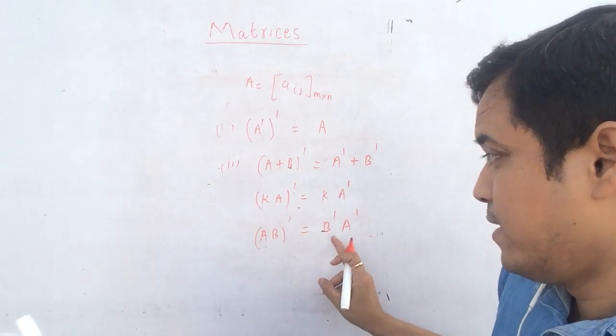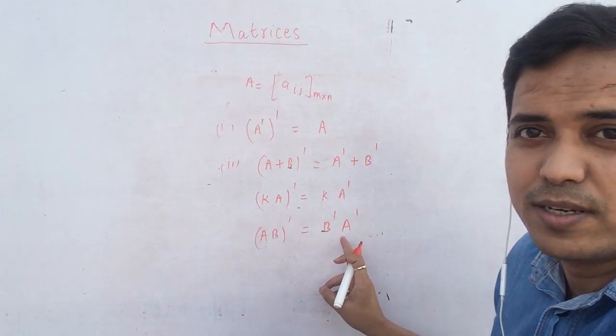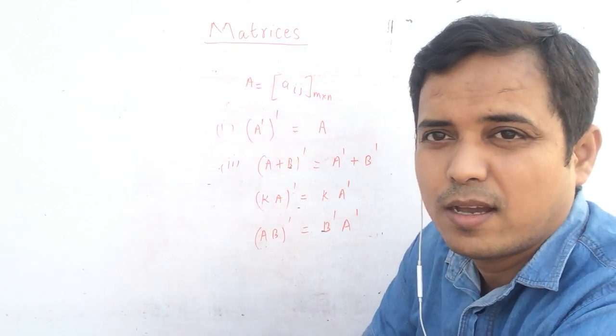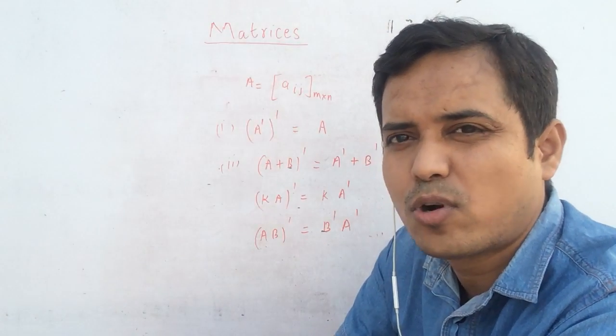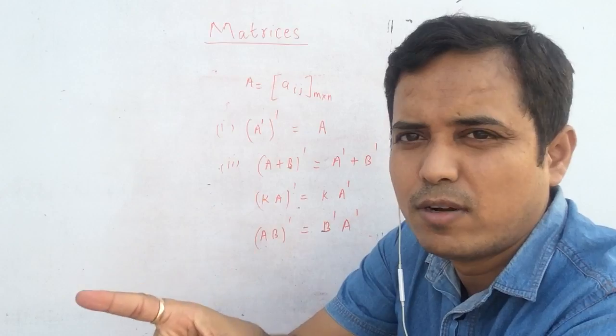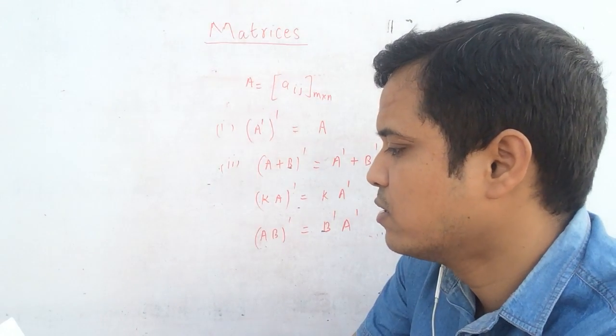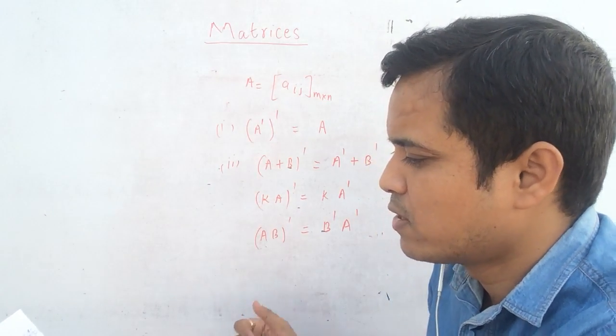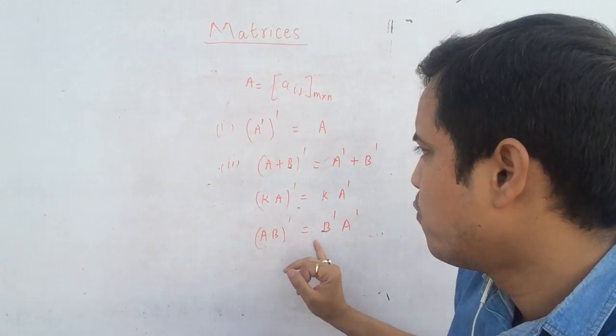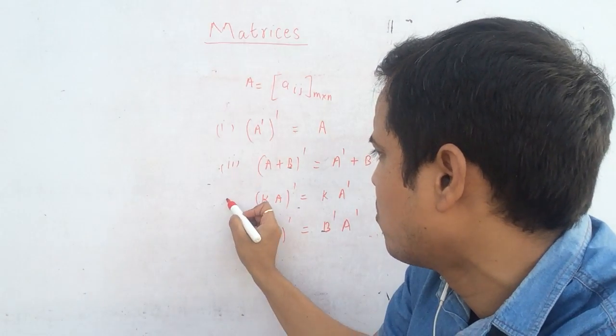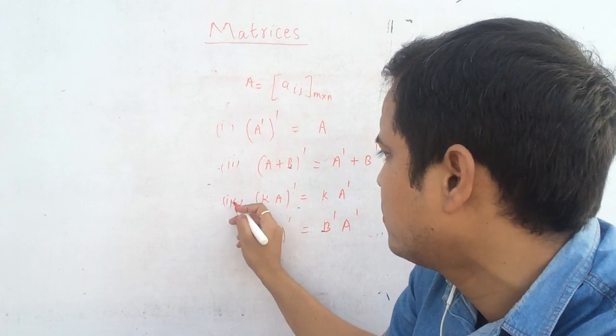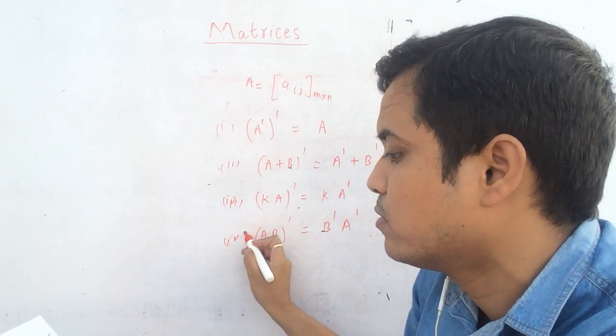You cannot write A transpose into B transpose, because you know that matrix multiplication is not commutative. AB is not equal to BA. So in this case you need to learn this. It is called the reversal law. This fourth case is called the reversal law, third and fourth.